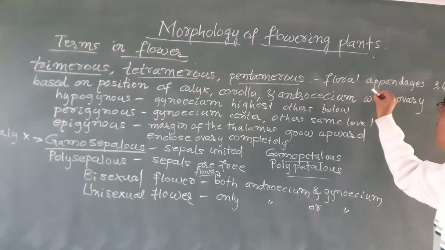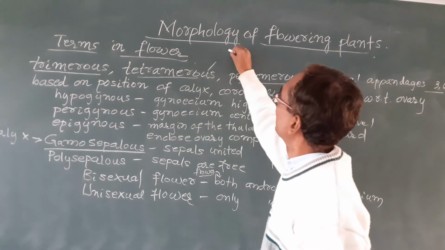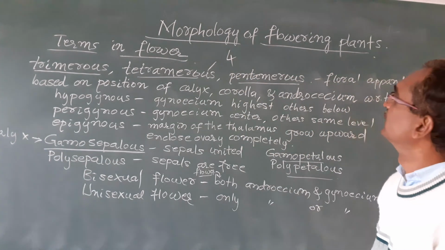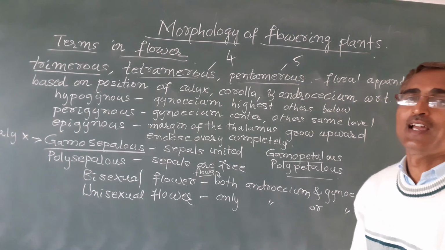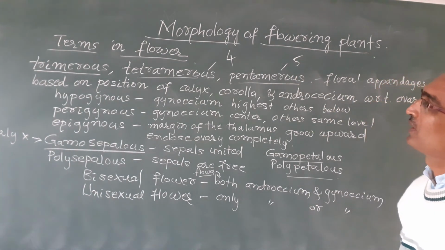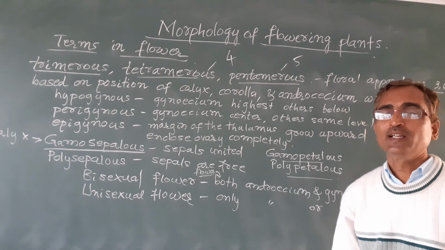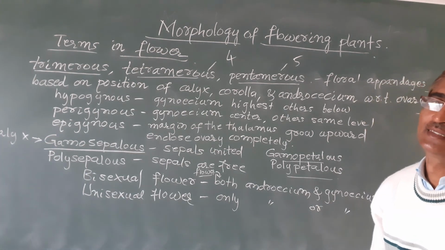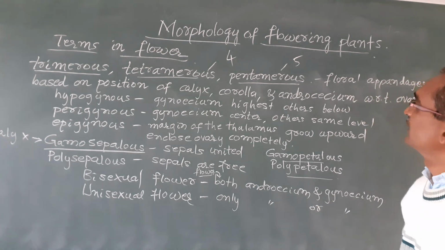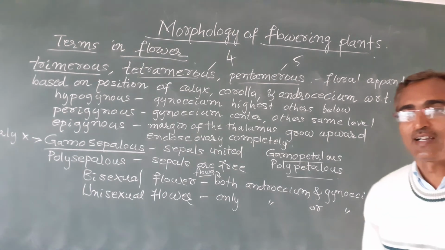Trimerous flowers have three floral appendages, tetramerous have four parts, and pentamerous have five floral appendages.